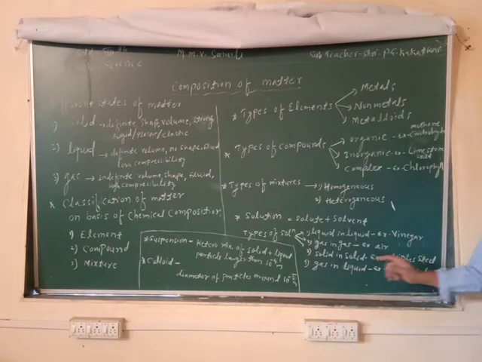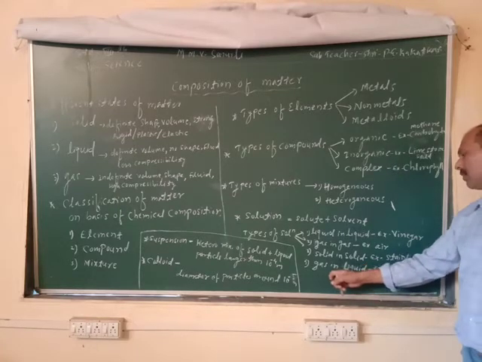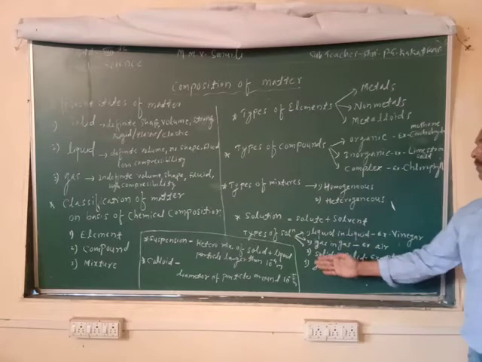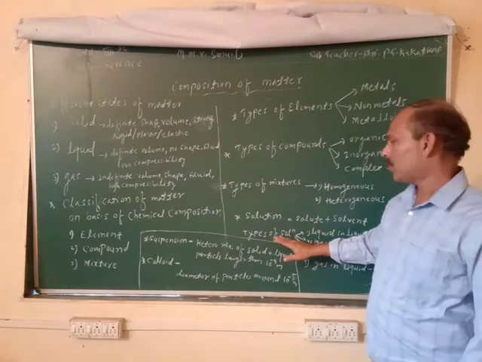Then gas in liquid. We already know about chlorinated water or soda water. In that water, gas is pressurized and mixed. So that is the example of gas in liquid. So these are some examples of types of solution.